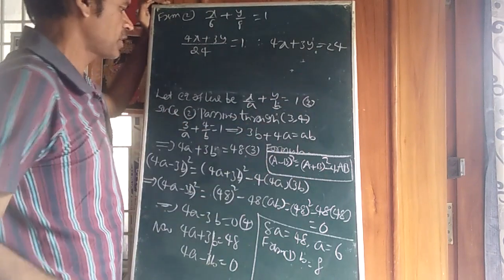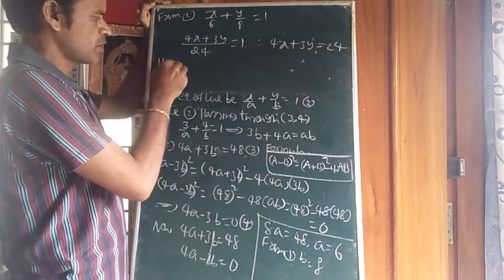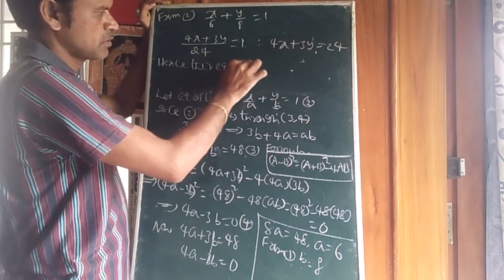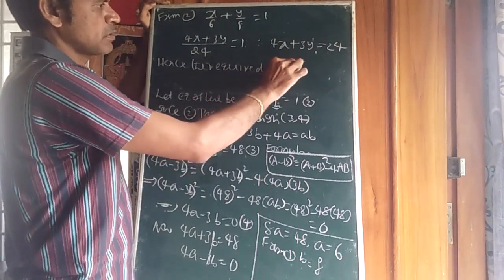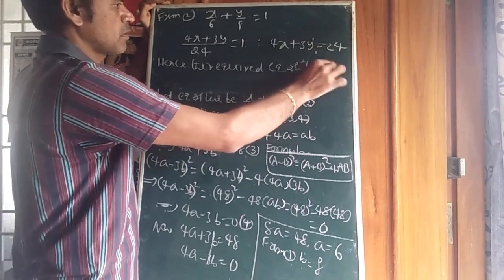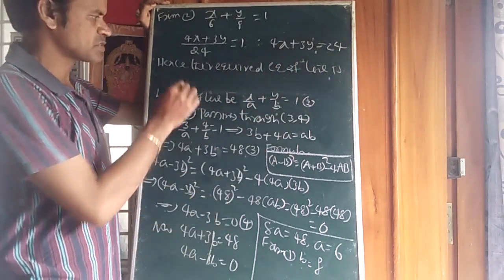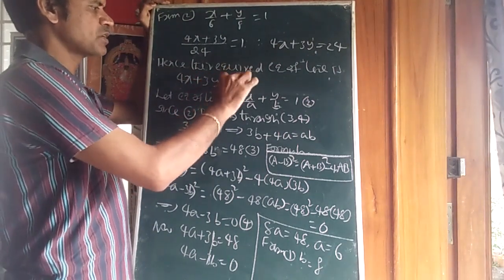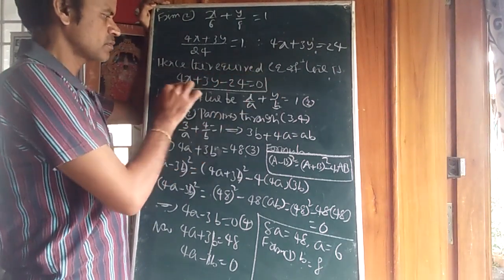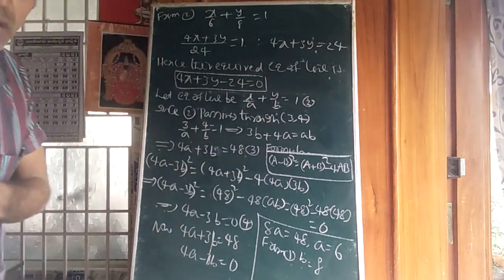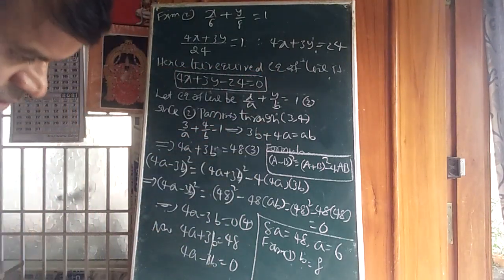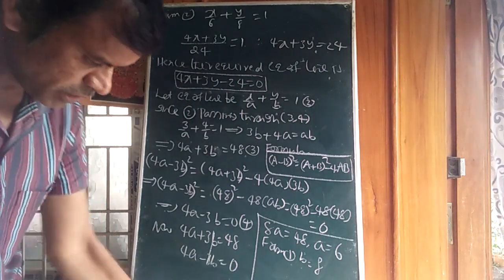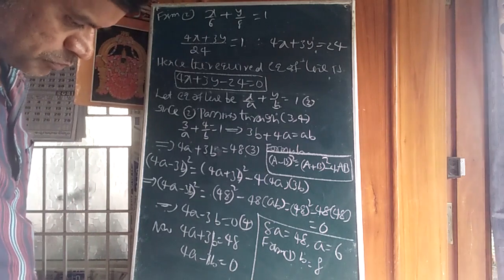Hence the required equation of straight line. This is a 4 marks question. The required equation of straight line is 4x plus 3y minus 24 equal to 0.